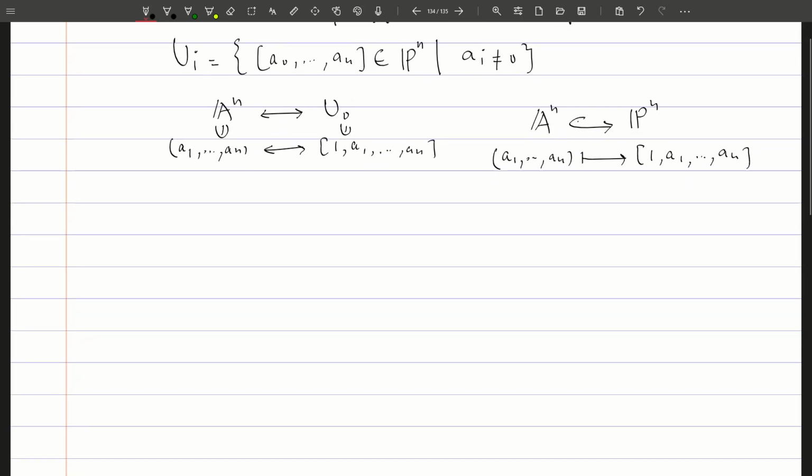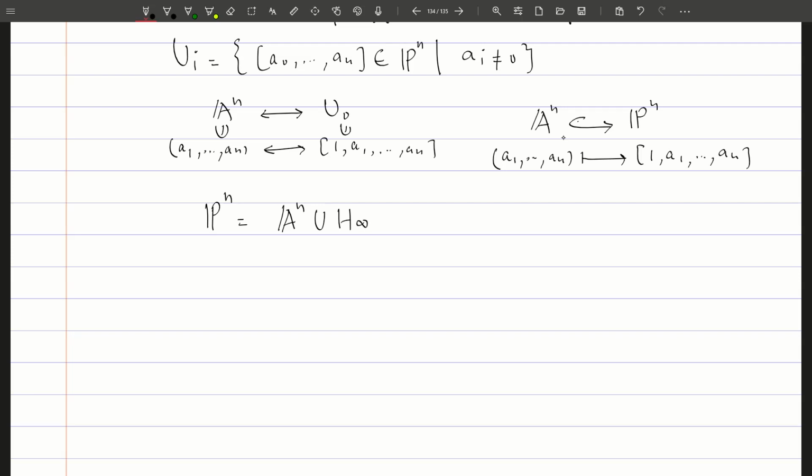This means that we can write P^n as the union of U0, which is A^n, and everything else, which we denote by H infinity.